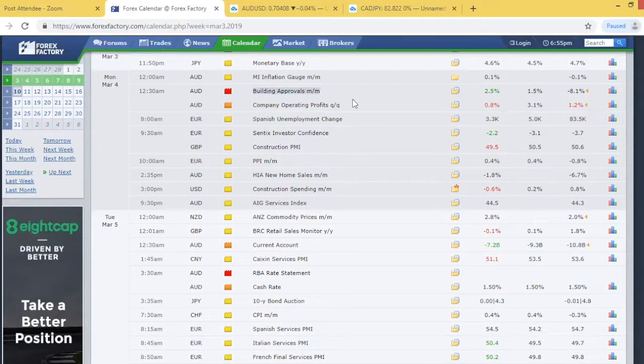Previously, the Reserve Bank of Australia said that they do feel that building approvals, building construction, building permits should rise in the near to mid term.